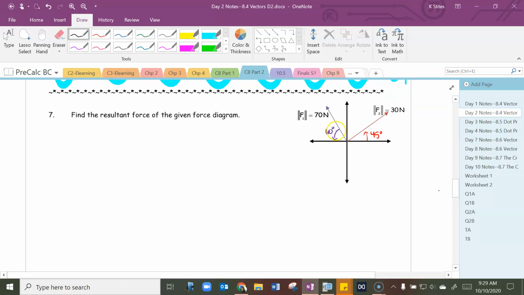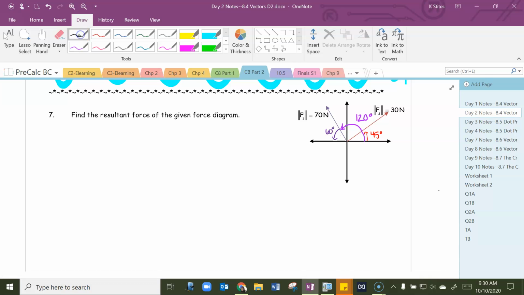All right, so let's go ahead and do this. One thing that I want you to notice is that your reference angles are already here for you. 45 degrees, that's our correct angle, but 60 degrees, this is in quadrant 2. So even though this is the reference angle, we still need to know how many degrees we went to get there. So if that's 60, this is going to be 120.